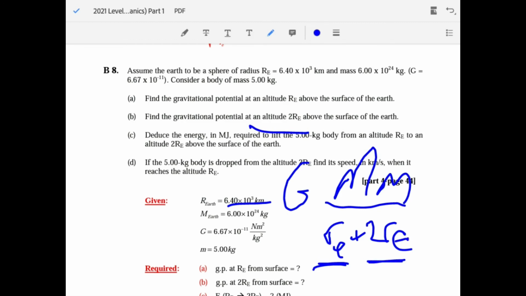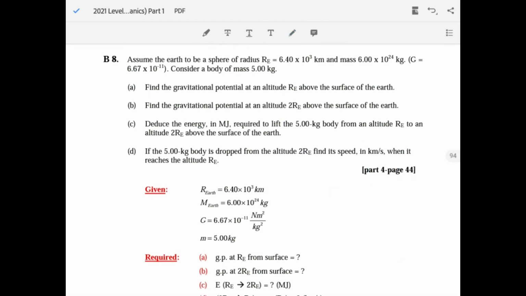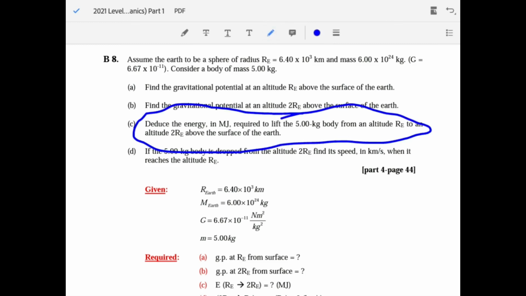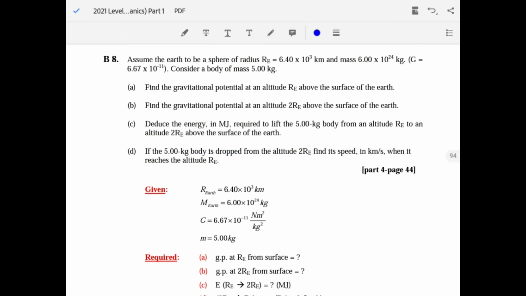Deduce the energy required to lift the 5 kilogram body from altitude RE to altitude 2RE. Simply, it's the difference between those two, between A and B. How I like to do it is to find out if it's positive or negative: do you need energy to make it go more up? Yes, you do, because of rocket fuel, for example, you need energy in the chemicals to send it up to space.